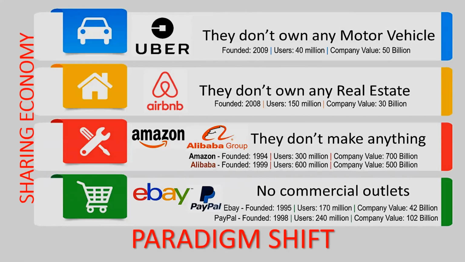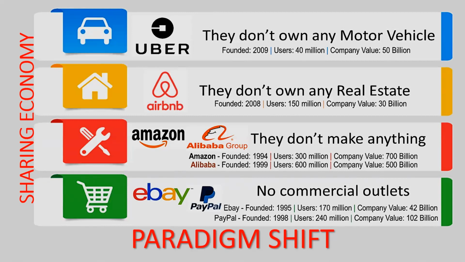It is an economic model often defined as what we call peer-to-peer, which is P2P, based activity of acquiring, providing, or sharing access to goods and services that are facilitated by a community-based online platform. So when you look at the slide in front of you here, Uber, they don't own any cars, yet they are able to provide cars to their consumers. Airbnb, they don't own any real estate, houses and stuff like that, yet they are able to provide houses for their consumers.